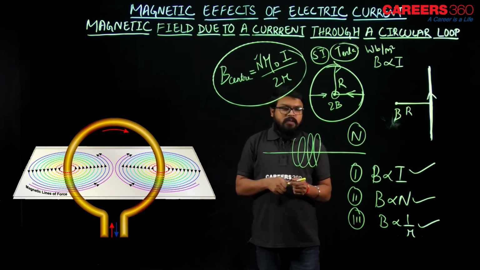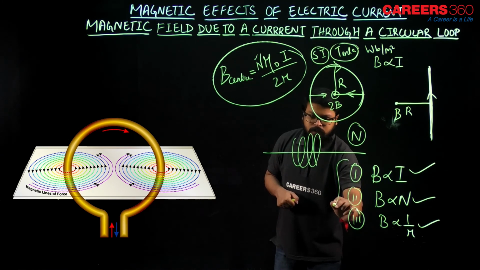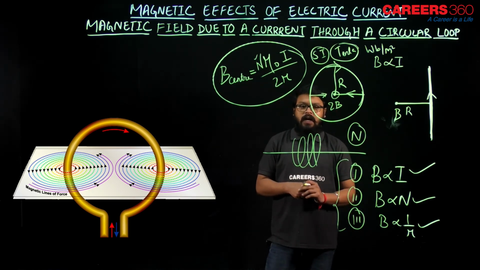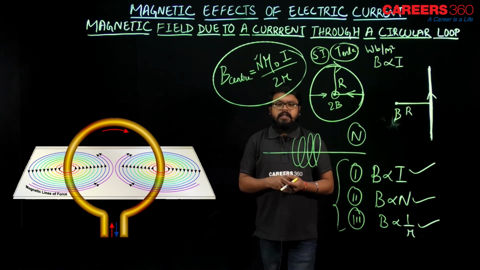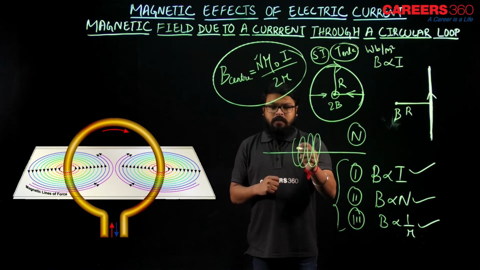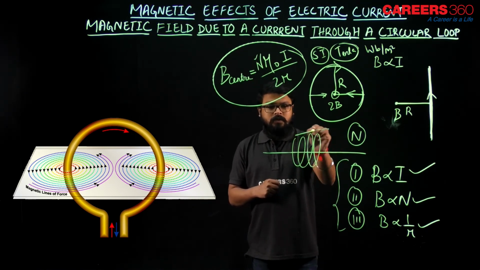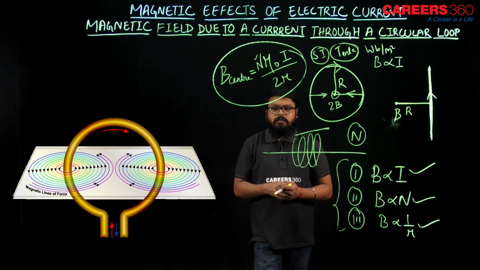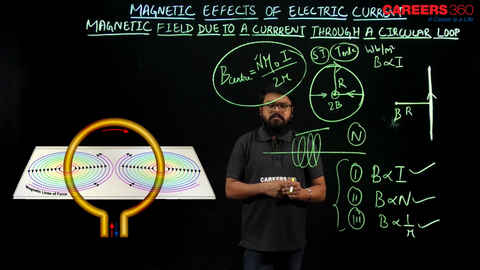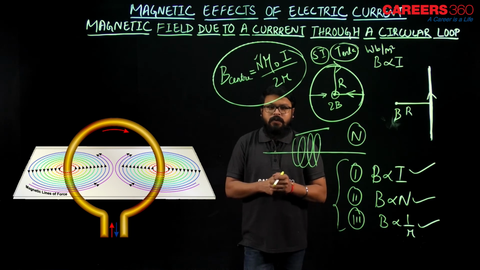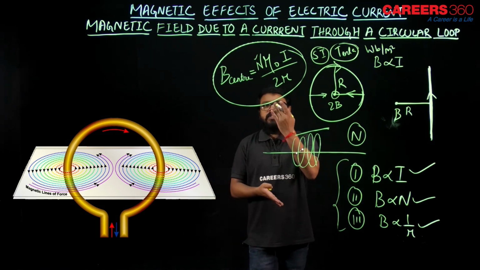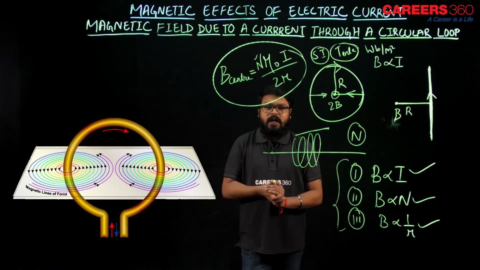So just remember these three things: B proportional to I, B proportional to N, and B proportional to 1 by R at the center of the loop or coil. Coil means nothing but a number of loops. Let us solve some problems based on magnetic field due to a current through a circular loop at the center using this formula, that is N mu naught I by 2R.